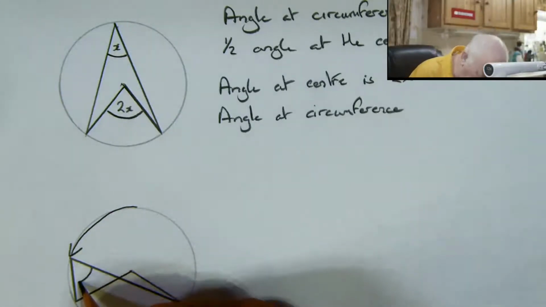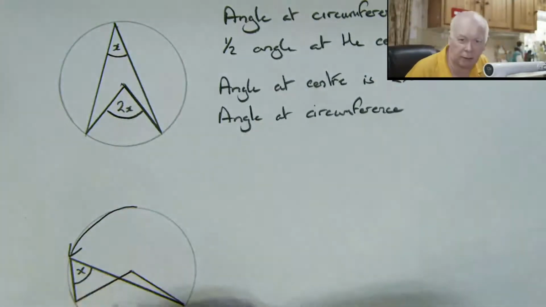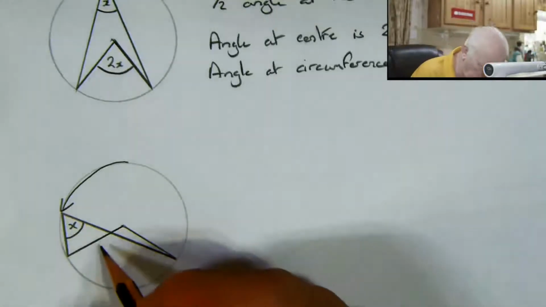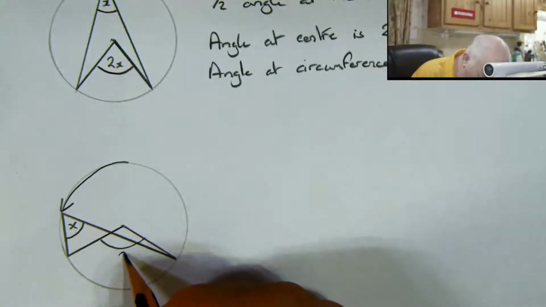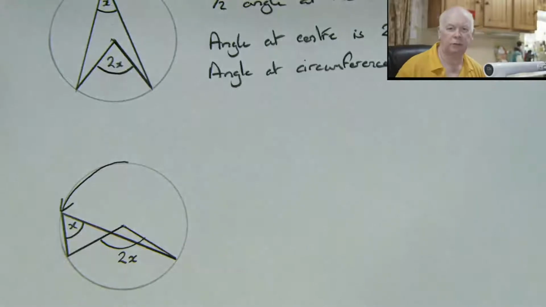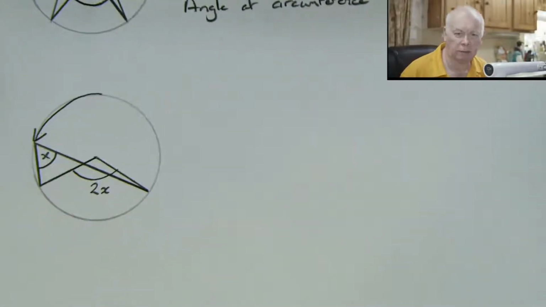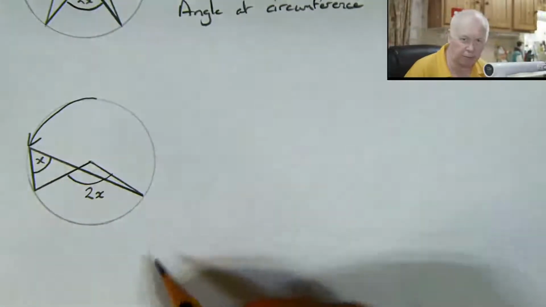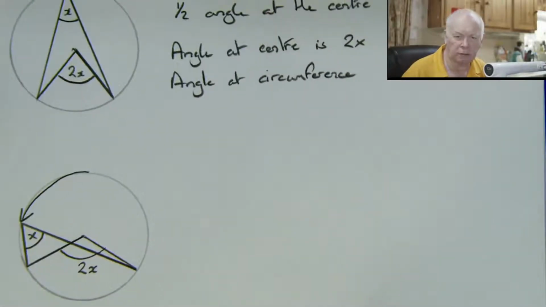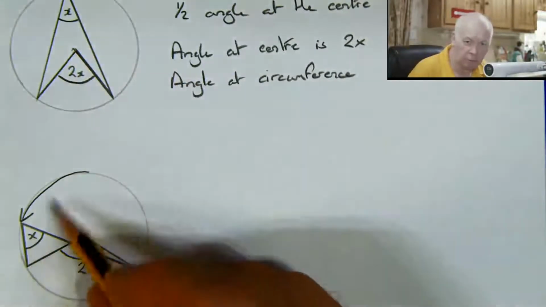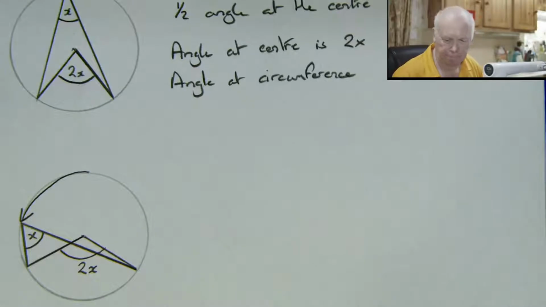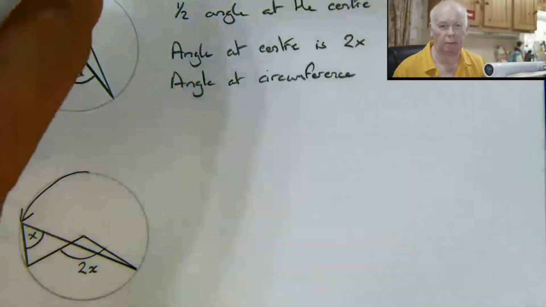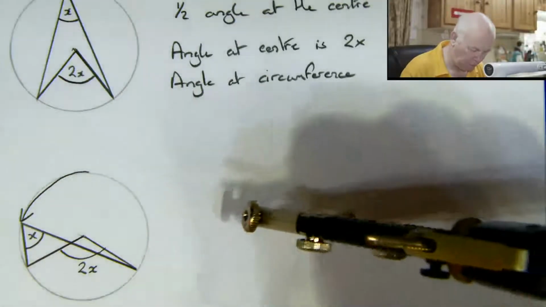And so if I put in angle X here, then this angle here is still 2x. And it's the same circle theorem. It's just pushed round a little bit. And you have to see that that one is the same as that one.